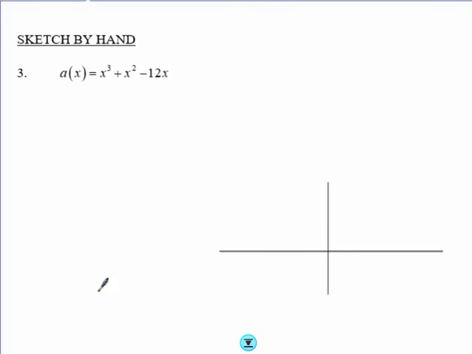First, we have a of x equals x cubed plus x squared minus 12x. We need to find the zeros, and to do that, we need to factor this function. So first, I'm going to factor out a GCF of x. Then I'm going to factor this trinomial.